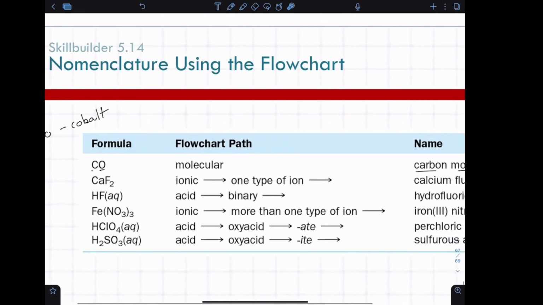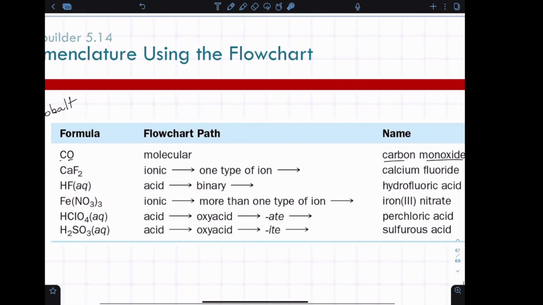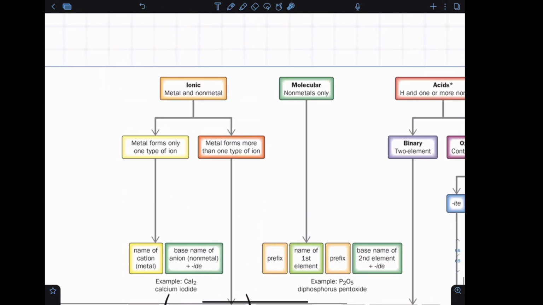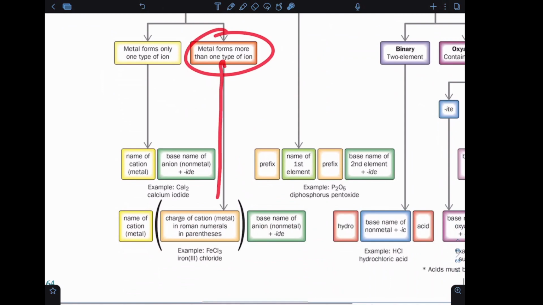If we had something like iron nitrate, there are a couple of things we need to do there. First, determine that it's ionic, because iron's a metal. Iron also forms more than one type of ion. And then on our flowchart, we say, okay, metal and a nonmetal, so it's ionic, and it forms more than one type of ion. So then we go down and follow this.